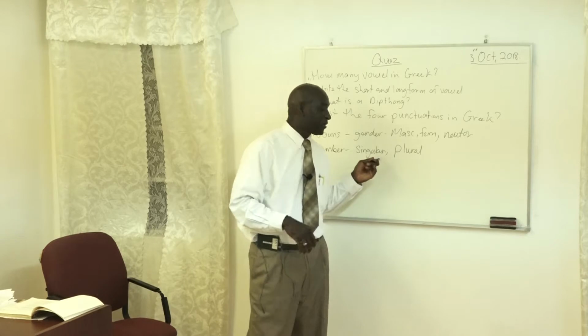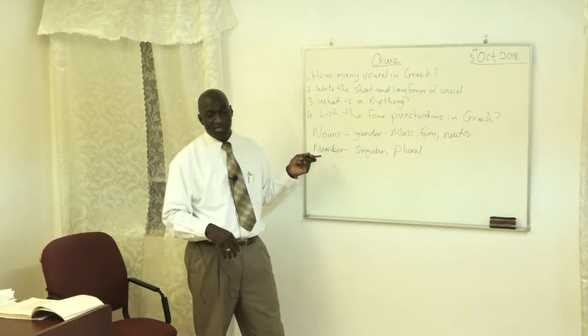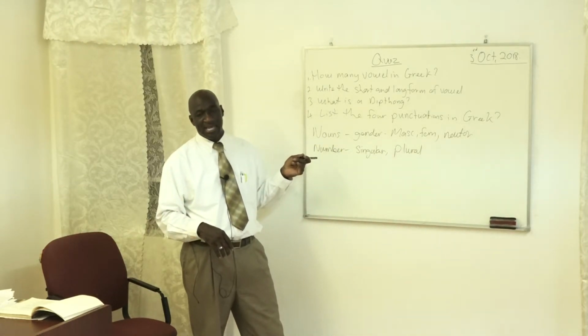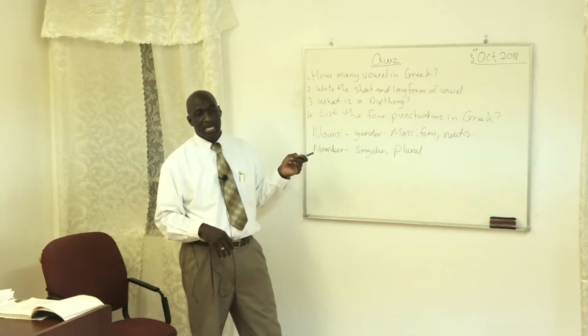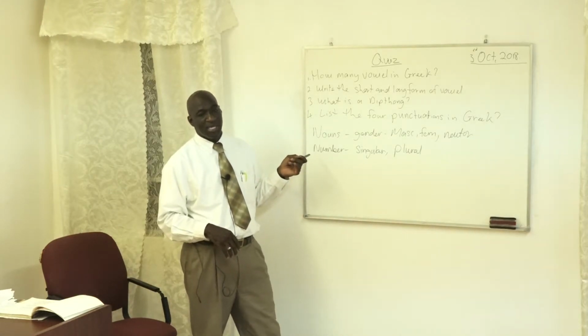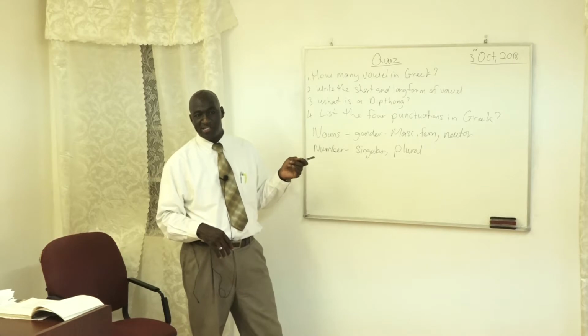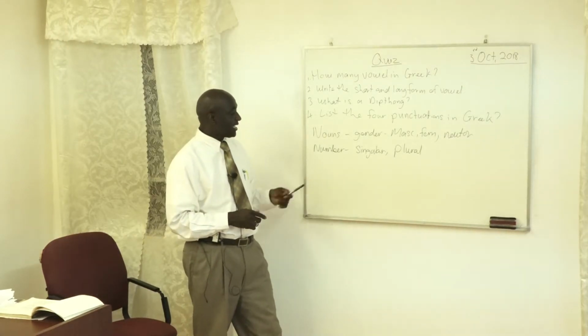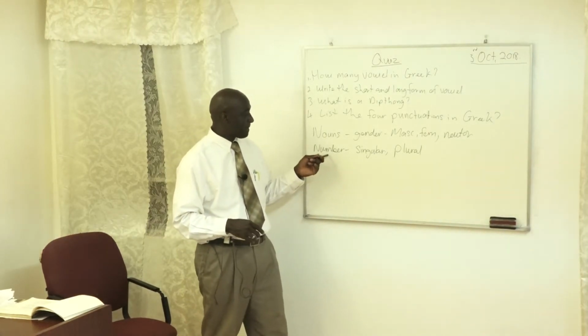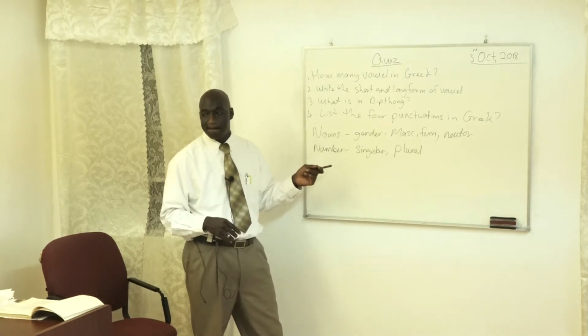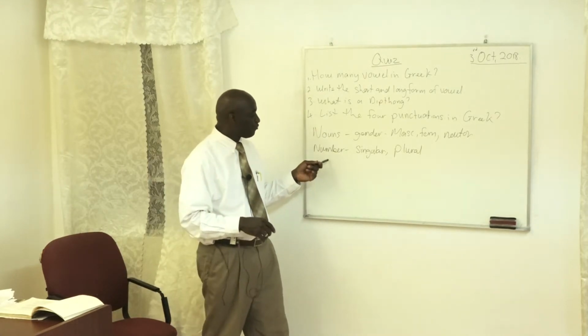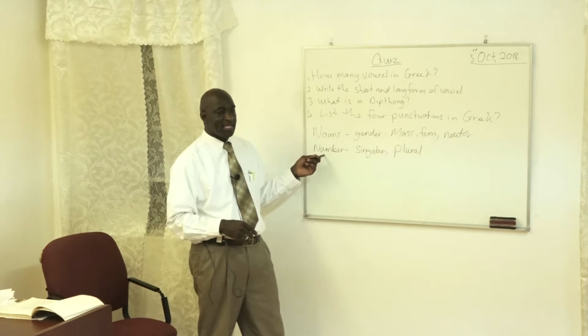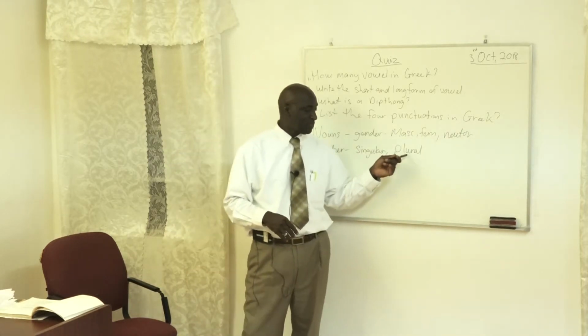Why is this important? If I use the biblical text, 2 Corinthians chapter 4 and verse 7, "For we have this treasure." Is "we" singular or plural? Plural. And so the number in the text is plural.